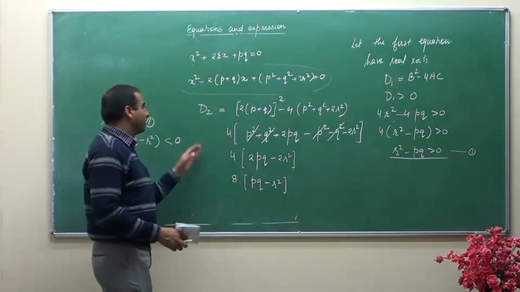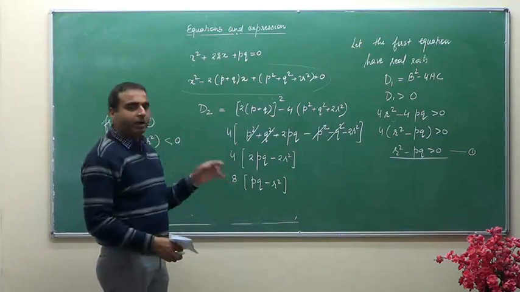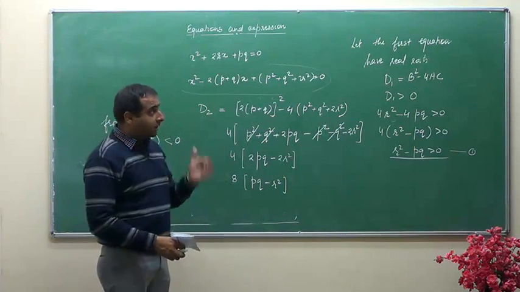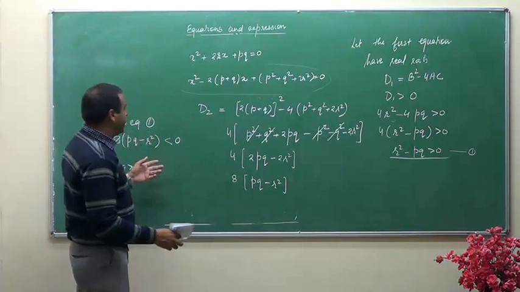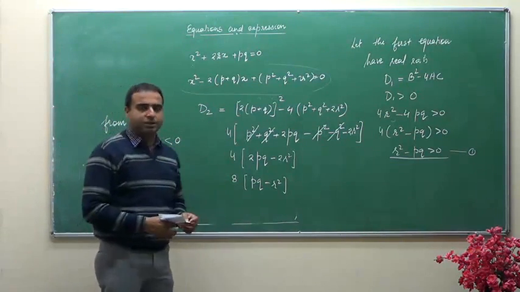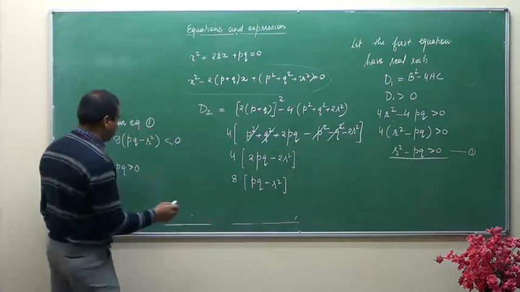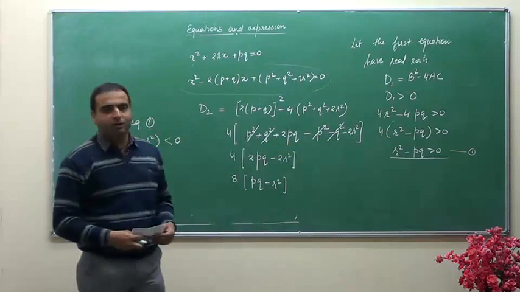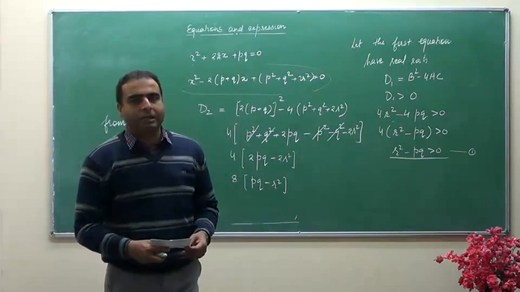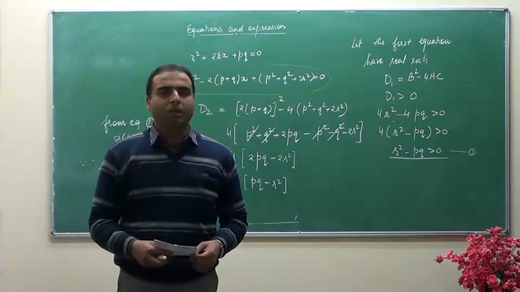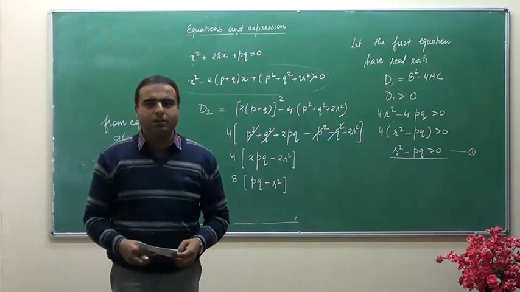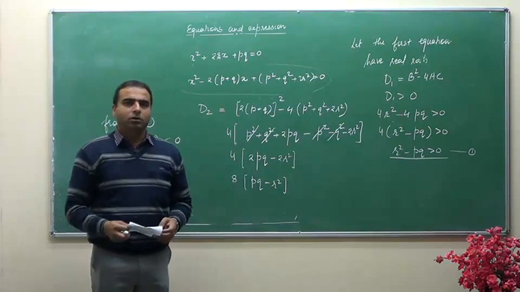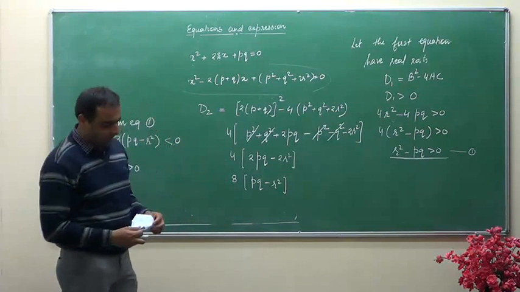Because the discriminant of the second quadratic is 8(pq minus r square) whenever the discriminant of the first quadratic is 4(r square minus pq). Or we can say that d2 is equal to minus 2 d1. So whenever d1 is greater than 0, d2 will be less than 0. If d1 is less than 0, then d2 is greater than 0. So in this way, we can prove it.